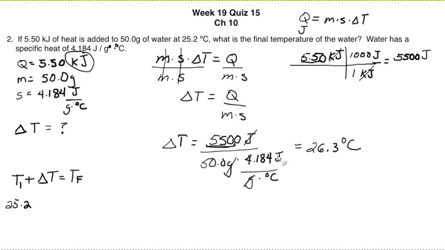Okay, your grams will cancel each other. Your joules cancel each other. You're left with degrees C, which is in the denominator of the denominator. So it flips back up into the numerator, and you get 26.3 degrees C as your delta T. Now the question was, what is the final temperature of the water? So you've got to add that to the initial temperature.